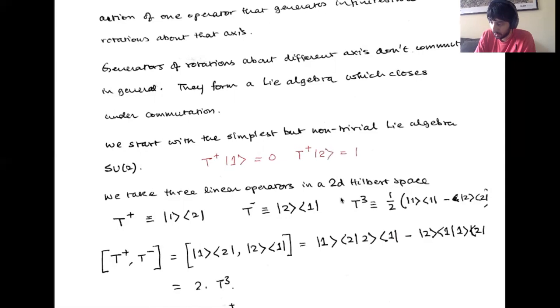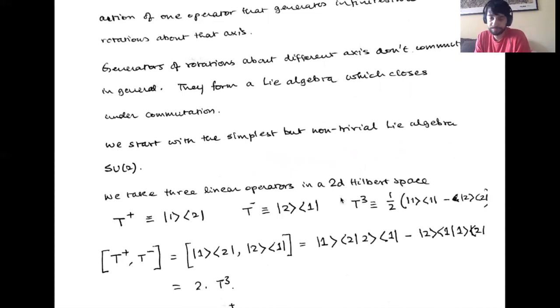Similarly, T minus takes the state 1 to the state 2, and T3 is something else that you'll find. Okay, so this is T plus and T minus.